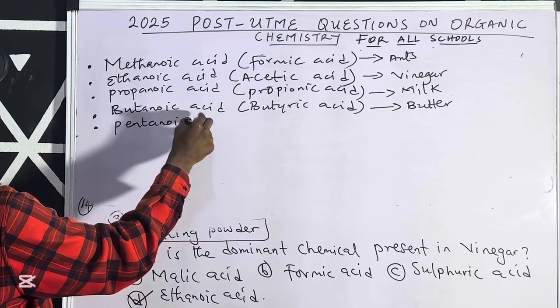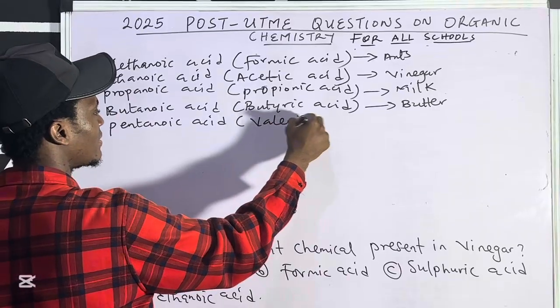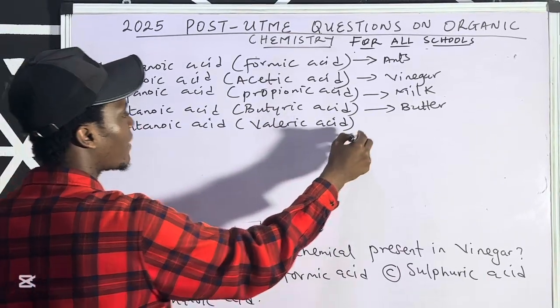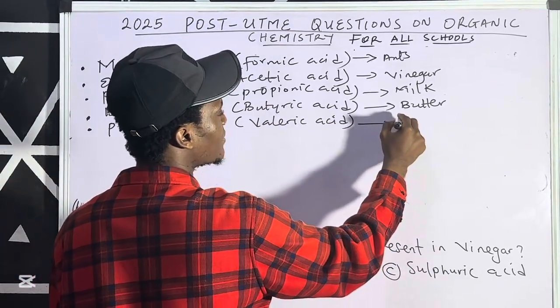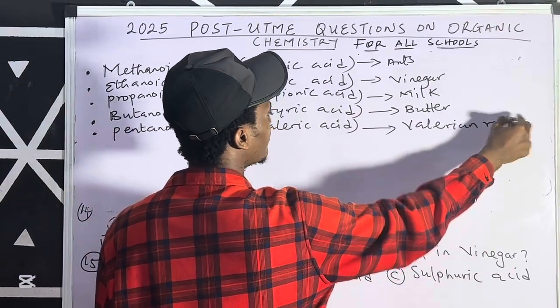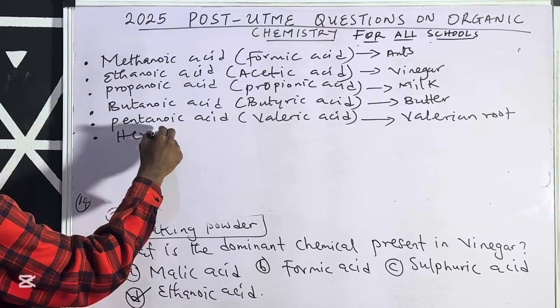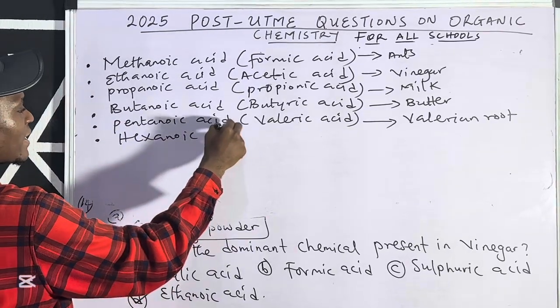Then the next member is pentanoic. Pentanoic acid is also called valeric acid, and it is found in the root of a plant named valerian root. That's the source. Then the next member is hexanoic acid.